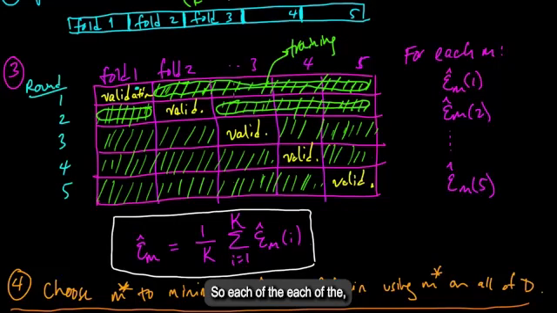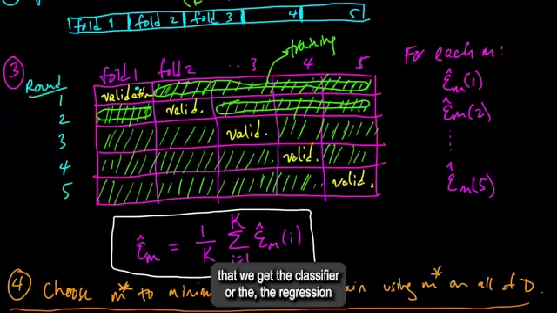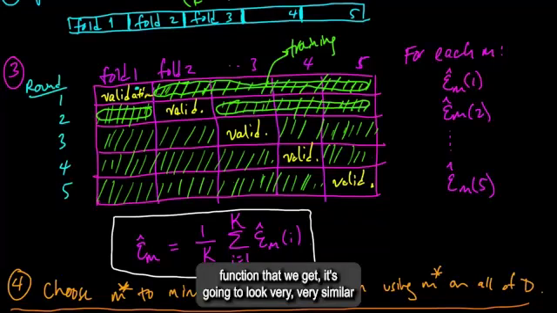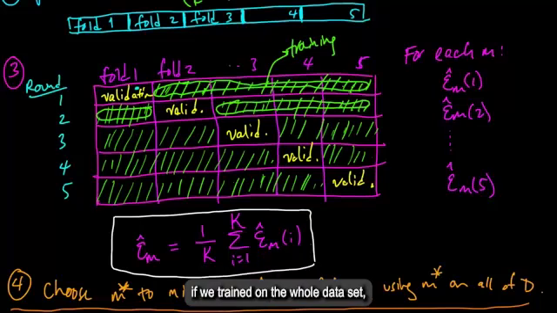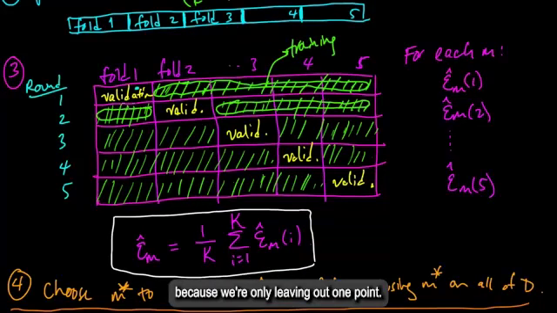So on any of the rounds, the prediction function that we get, the classifier or the regression function, is going to look very similar to the final thing that we would get if we trained on the whole data set, because we're only leaving out one point.